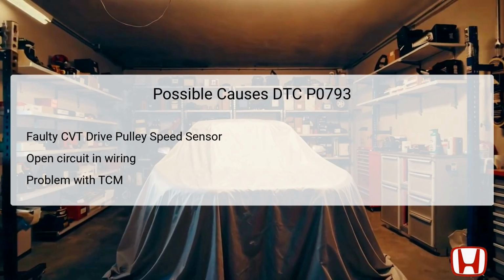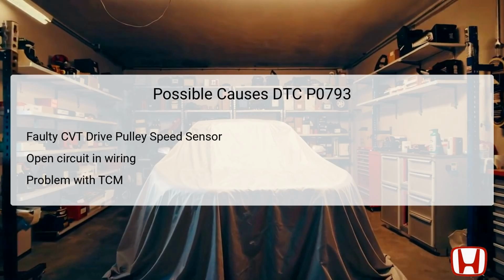Several possible causes can lead to the generation of DTC P0793. A common issue is a faulty CVT drive pulley speed sensor itself, which may fail to provide accurate speed readings to the TCM. Another potential cause can be an open circuit within the wiring harness, which could prevent proper signals from reaching the TCM, leading to a no-signal condition.